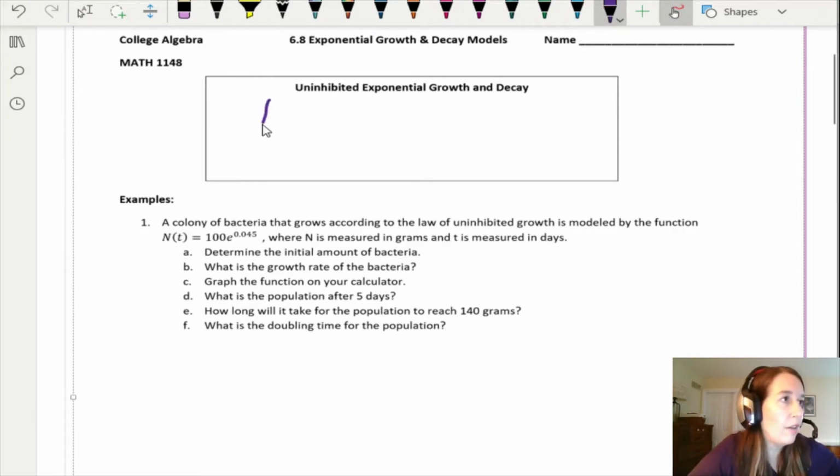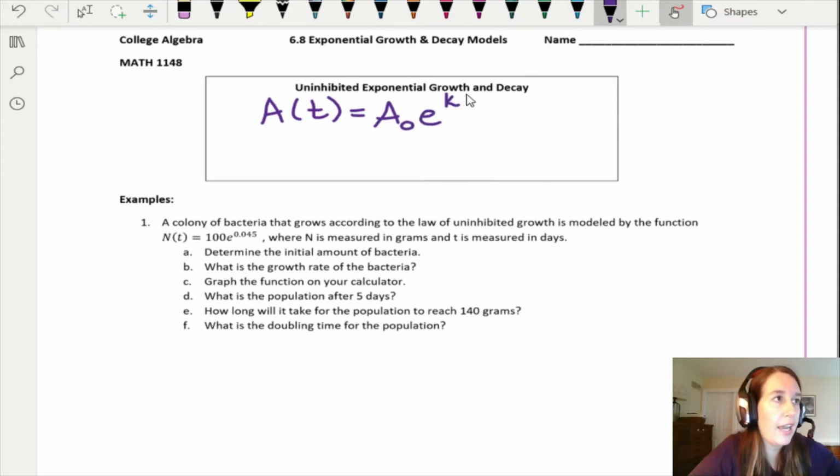So our model is going to be A of t is equal to A naught times e raised to the kt.